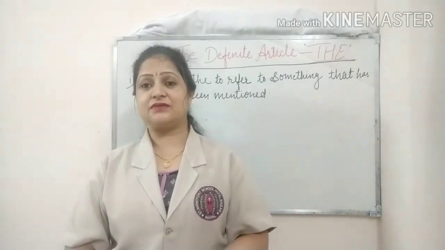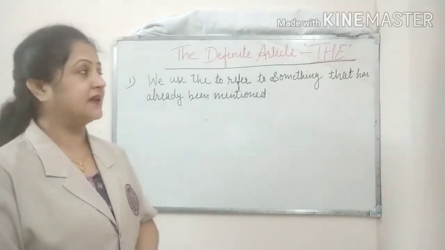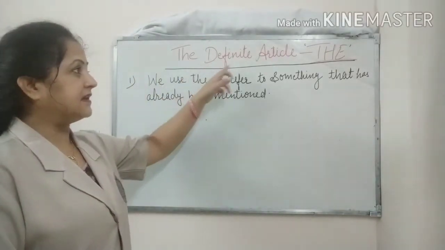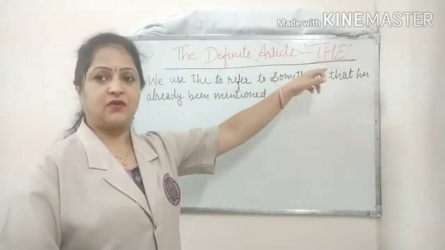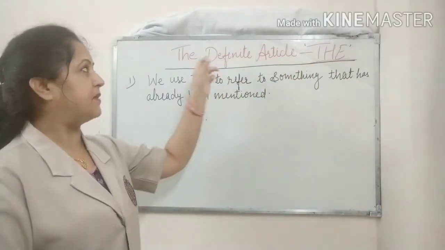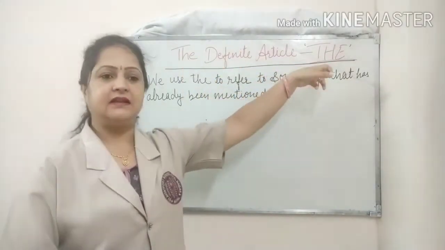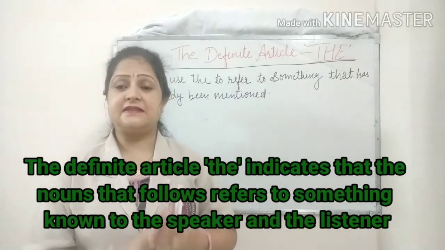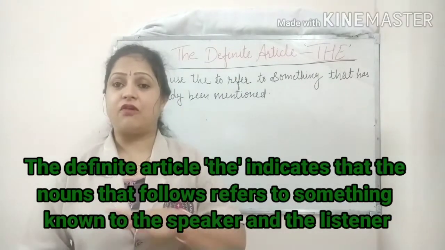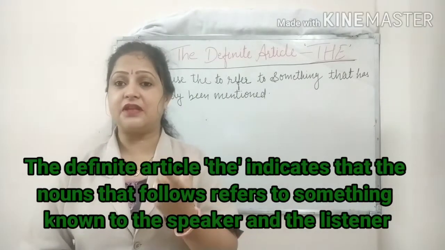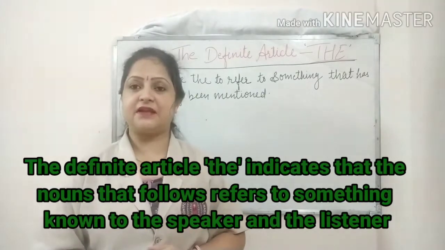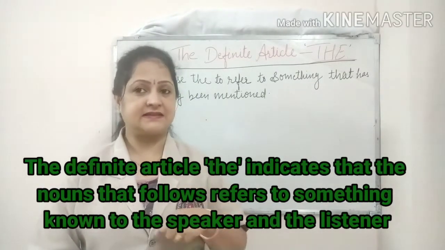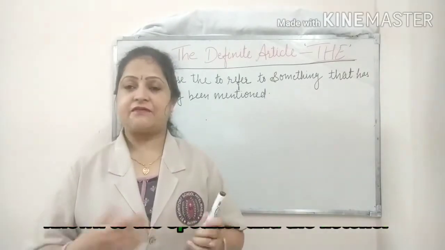Today we are going to start with our next topic, the definite article the. So the definite article the indicates that the noun that follows refers to something known to the speaker and the listener. Let's take one example here.